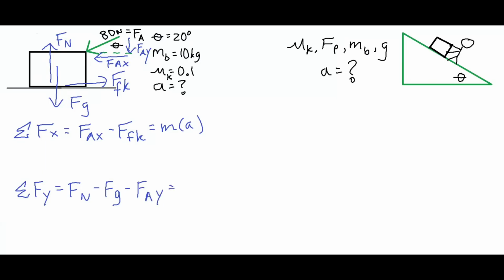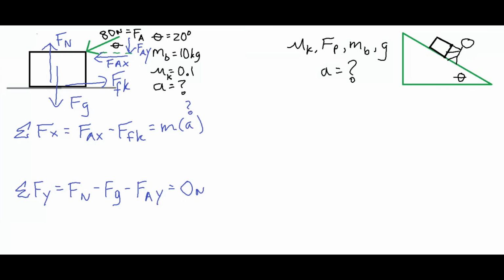Okay, and that one is going to equal m times a, but I know that's going to be equal to 0 newtons because in this particular scenario there is no movement or acceleration in the vertical direction, so I'll just call that 0. All right, now my ultimate goal is to find this acceleration right over here.